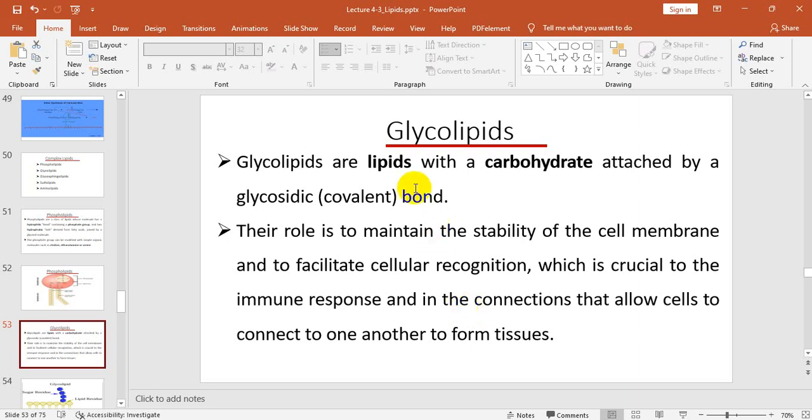It means that when the carbohydrate is joined to a lipid molecule, then it will aid cell recognition, meaning antibodies can recognize this glycolipid and bind to it and destroy disease-causing organisms. Or a cell can recognize another cell, or cytokines produced by one cell can allow another cell like neutrophil to recognize the other cell.